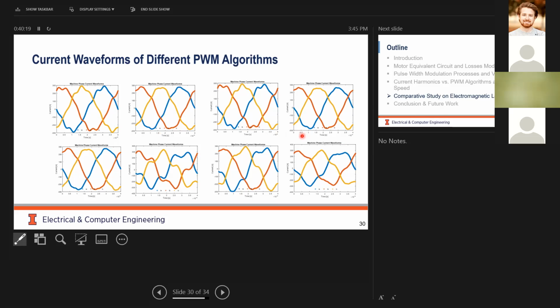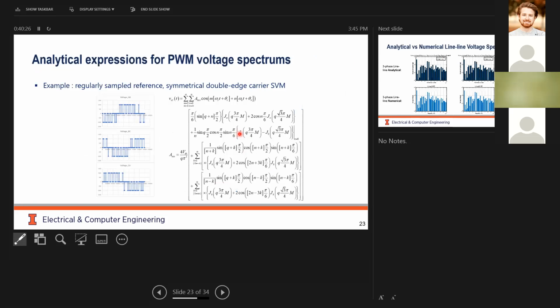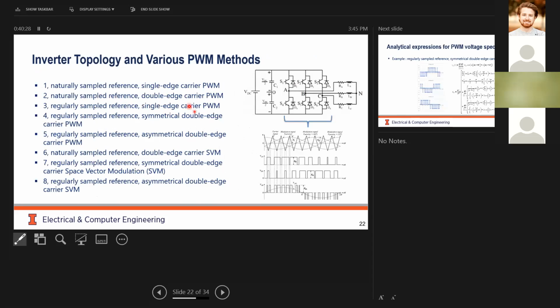I did not label them, but the sequence corresponds to this sequence here. All right. So 6, 7, 8 will be space vector, and 3, 4, 5 will be regularly sampled sinusoidal PWM carrier PWM, and 1, 2 will be naturally sampled PWM. Okay.